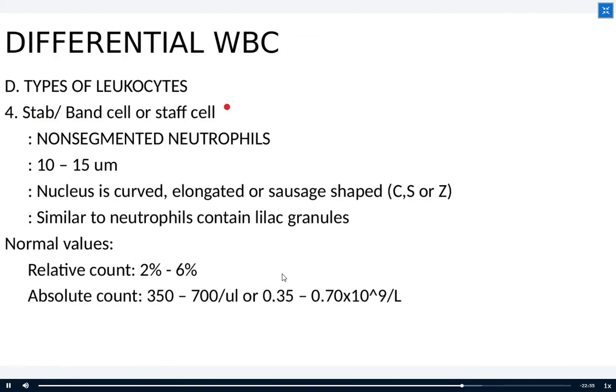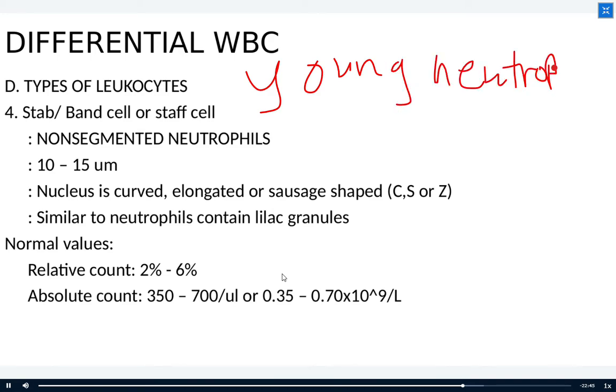Then we also have your stab or your band cell or your staff cell. Now, these are your young neutrophils, class. So you could actually see your young neutrophils sa peripheral blood, kaya kasama sila. So these are non-segmented neutrophils. They are also known as your band cell or staff cell. The nucleus class would appear as curved, elongated, or sausage shape.